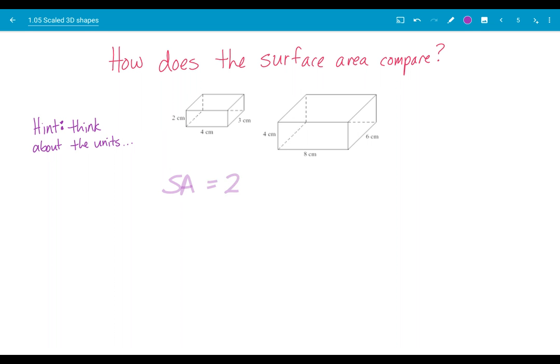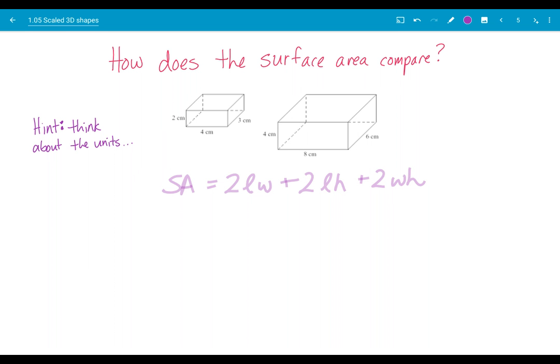Surface area is equal to 2LW plus 2LH plus 2WH. So basically finding one of the rectangles and then doubling it to account for the matching side on the other side. Your entrance ticket for class is going to be telling me how much larger the surface area is when we doubled the shape.